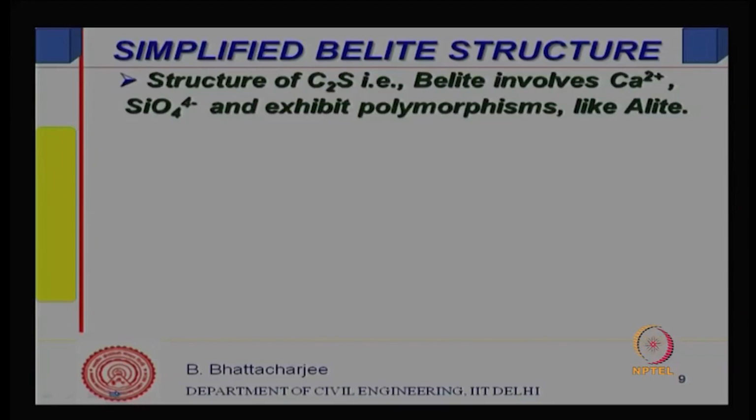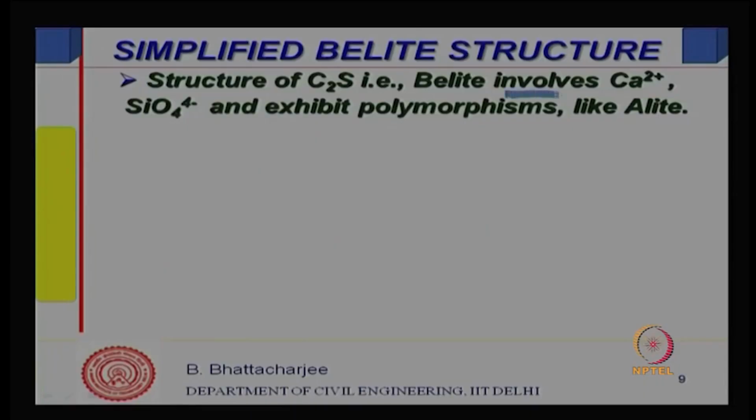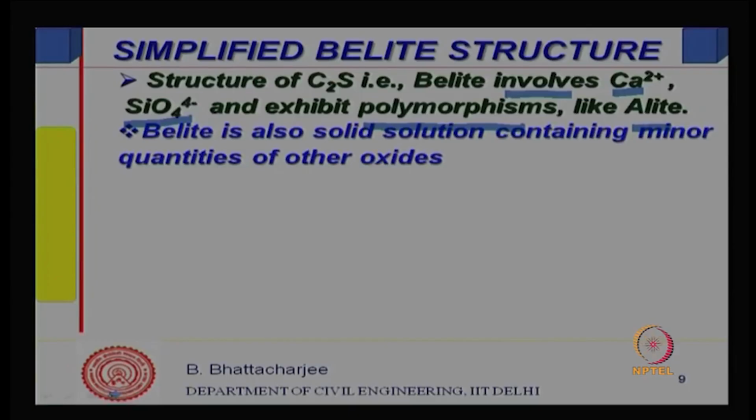Simplified belite structure, that is C2S, whose mineralogical name is belite, which you have seen in the last class. The structure of C2S involves calcium ion and orthosilicate ion and exhibits polymorphism like alite, but obviously the structure should be different.